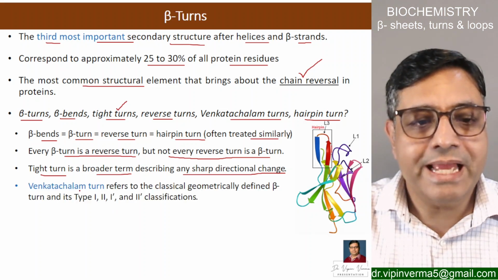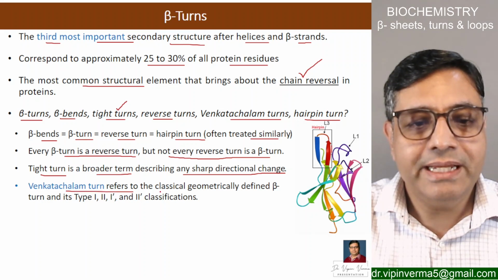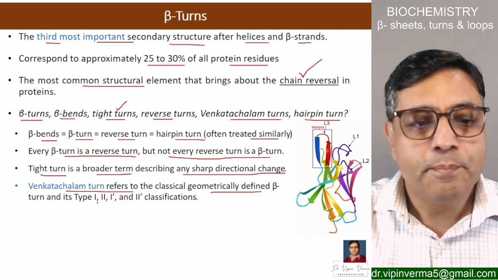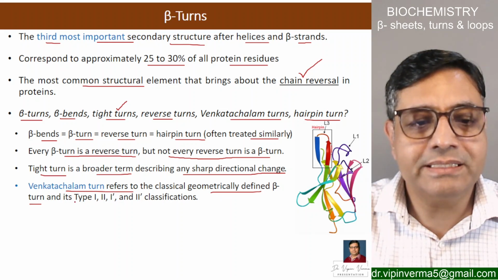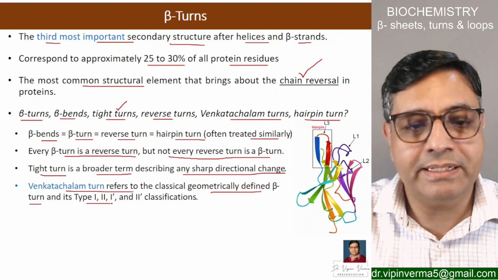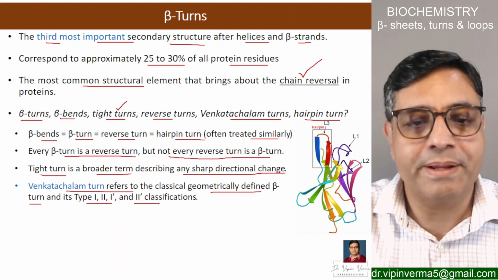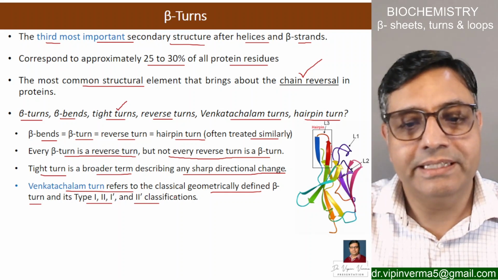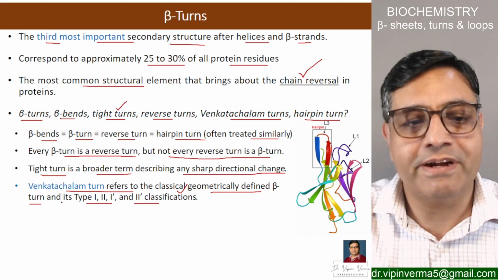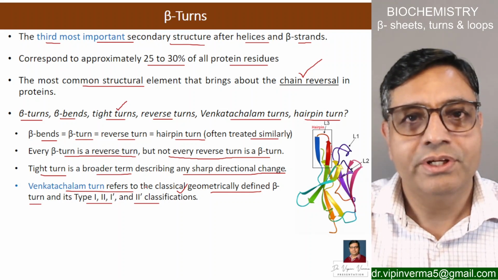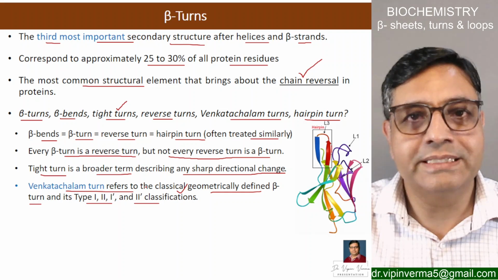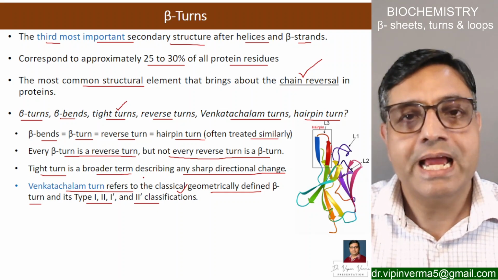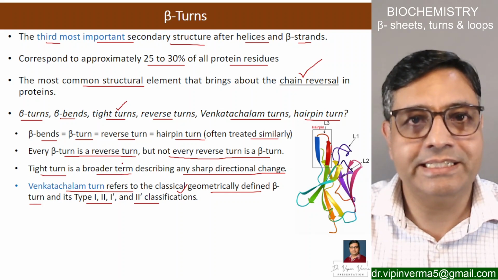Then Venkatachalam turn refers to the classically geometrically defined beta turn, and it is of types like type 1, type 2, 1 prime and 2 prime classifications. So there are different kinds of these Venkatachalam turns. Venkatachalam was the scientist who was behind the classification of these types of turns, and he worked extensively in the 1960s and 70s.